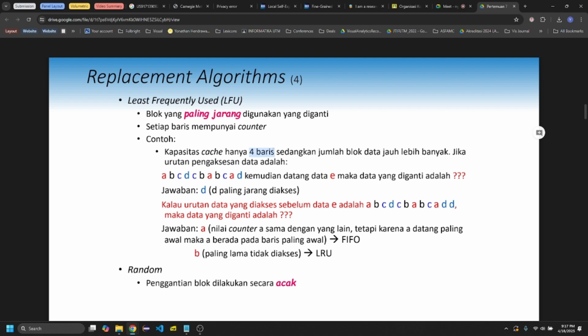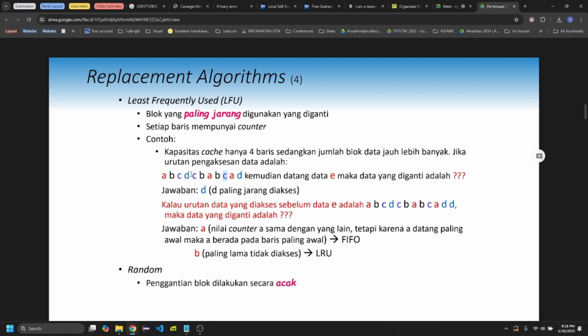If the access data sequence is A, B, C, D, C, B, A, B, C, A, D, and then comes in E, the data being replaced is D. Why D? We need to calculate the frequency of each line being used here. D, 1, 2.